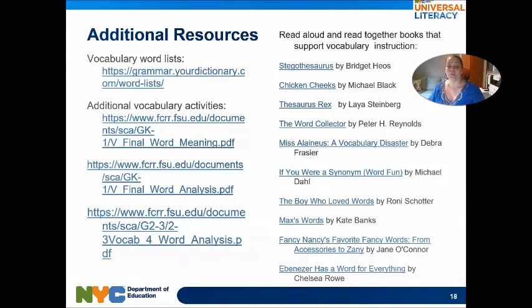The next one is The Boy Who Loved Words by Ronnie Schotter, Max's Words by Kate Banks, Fancy Nancy's Favorite Words From Accessories to Zany by Jane O'Connor, and last but not least, Ebenezer Has a Word for Everything by Chelsea Rowe. I hope you find this list supportive in choosing some great activities that supplement the ones we've included here.